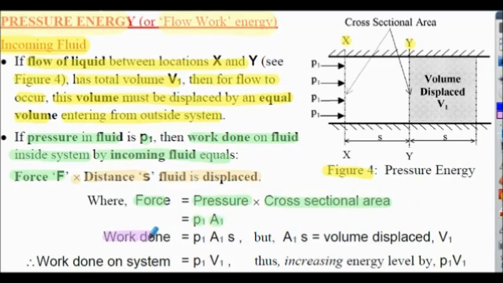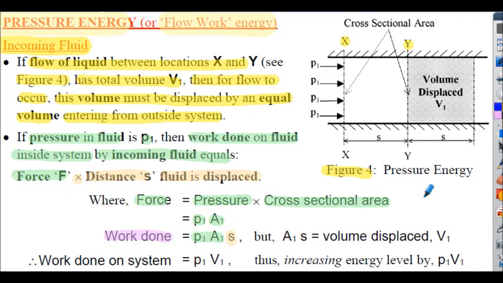So the work done can be written as the force from above P1A1 multiplied by distance S. But note that A1S is actually volume displaced, labelled V1 here. So we can write the work done on the system is P1 multiplied by V1. This increases the energy level of the system by P1, V1.